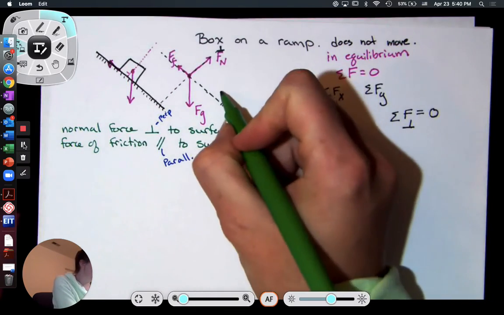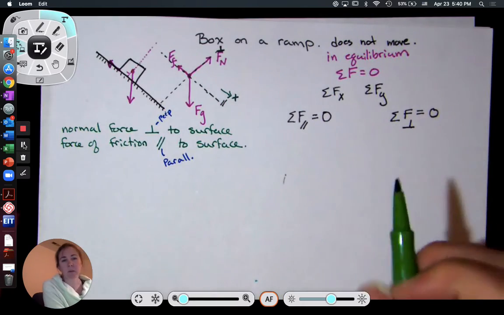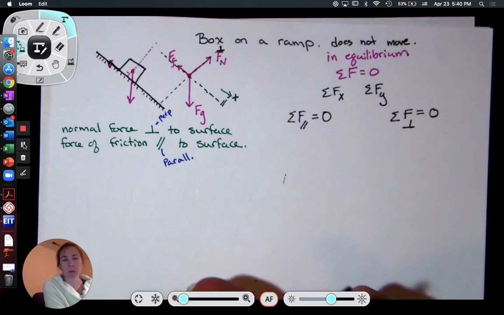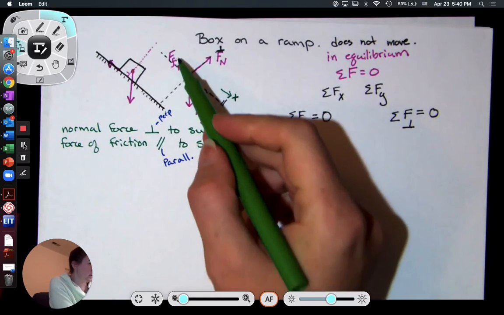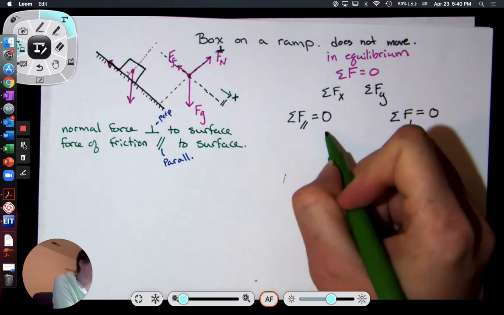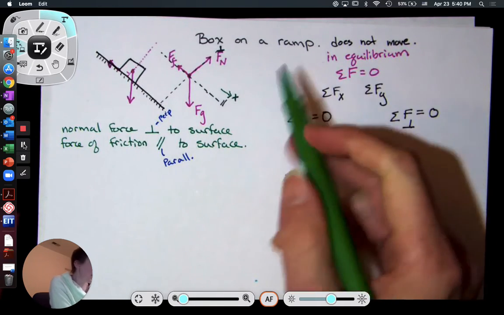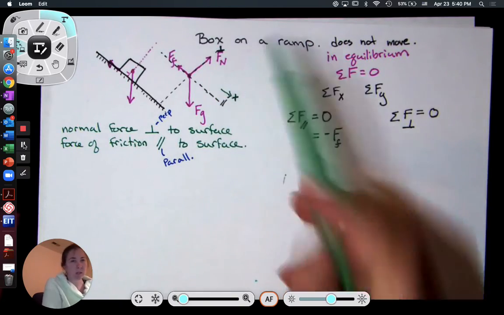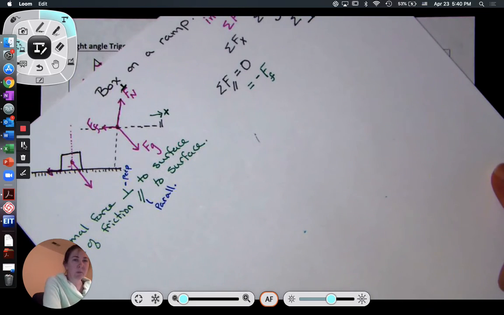And I'm going to call down the ramp positive, and you'll maybe figure out why I do that later. So down the ramp is going to be positive, so I get a negative force of friction. And then this force of gravity, we could twist it like this and it might start looking a little bit more familiar.